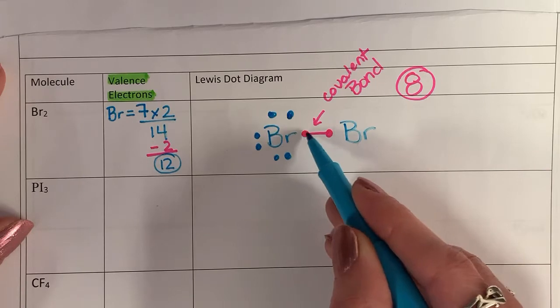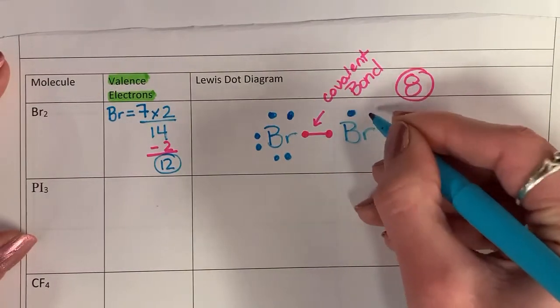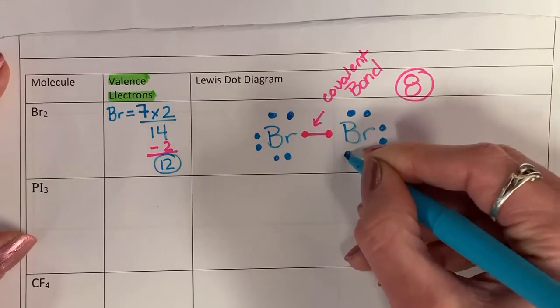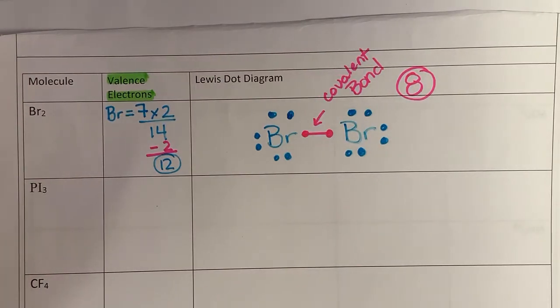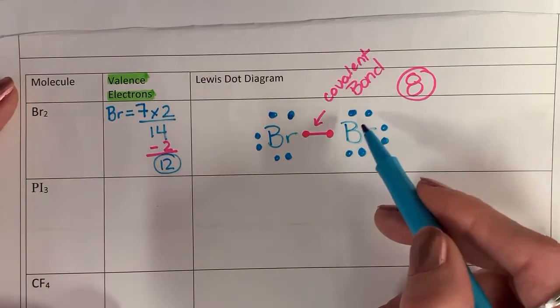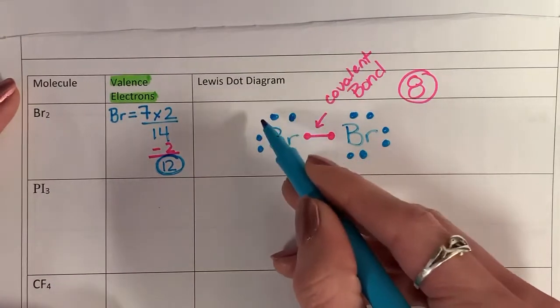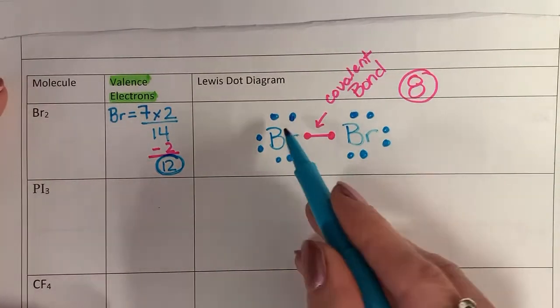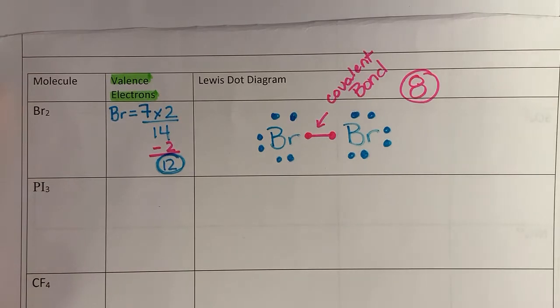He has 2 already, so he needs 6 more to get to his total. Okay, I was able to draw 12 dots, 6 on this bromine, 6 on this bromine. Both made it to magic number 8, so everybody's good.